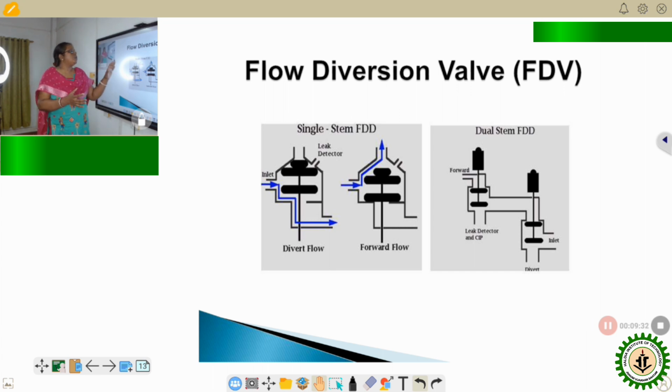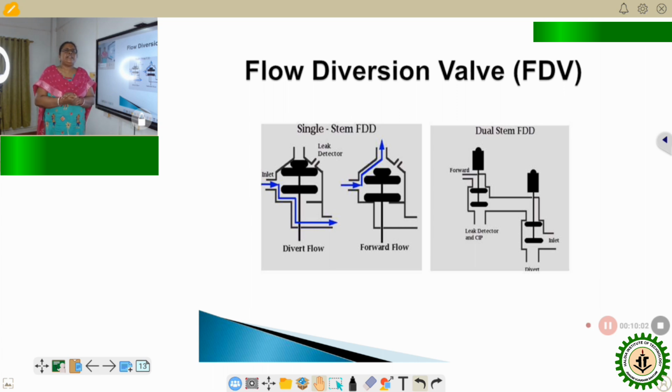Now you have to know the working principle of this flow diversion valve. Here you can find a schematic representation of the flow diversion valve. This valve works on air pressure. If the milk is sufficiently heated or properly pasteurized, then air pressure will build up. When air pressure builds up, the valve will sit in its position and allow the milk forward movement.